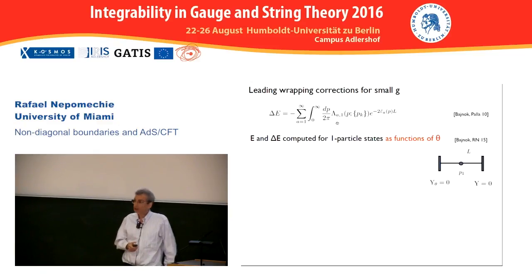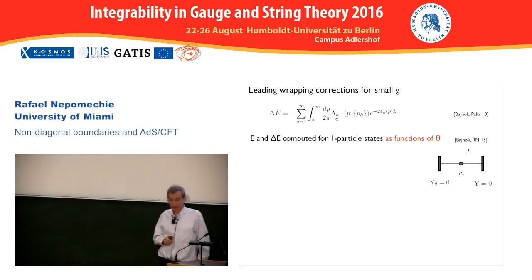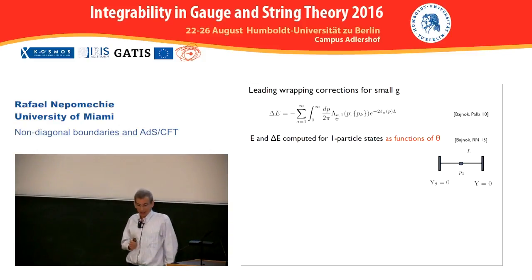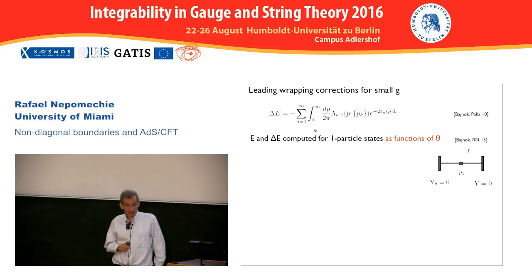And then we can get these using this generating functional that I just mentioned. And I'll spare you the details, but one can now compute the energy and also these wrapping corrections for one particle states as functions of this twist angle theta.